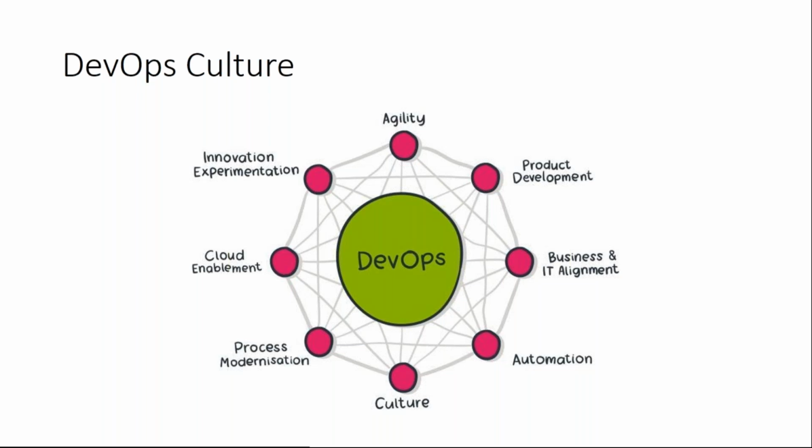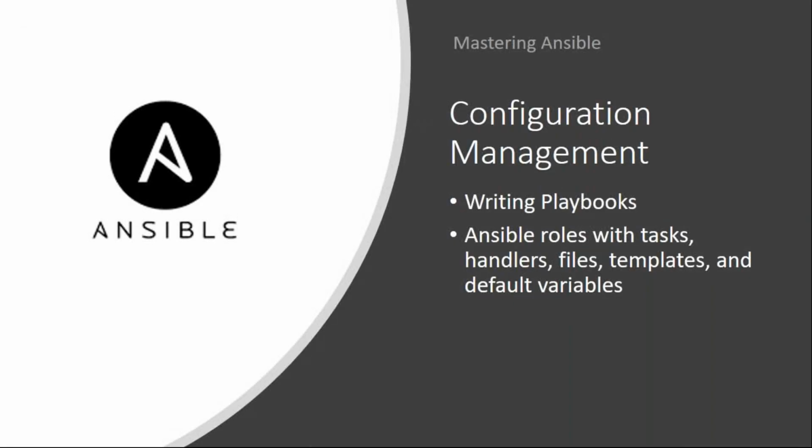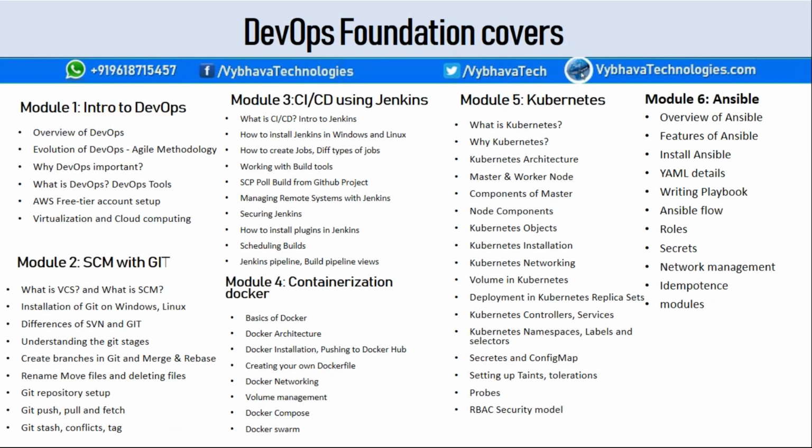Later on Docker, and then we will move to Kubernetes, where we are going to have a cluster of containerization. And configuration management, where we are going to use the most common tool, that is Ansible, or the most upcoming tool. These are the topics which are already shared with you on WhatsApp.